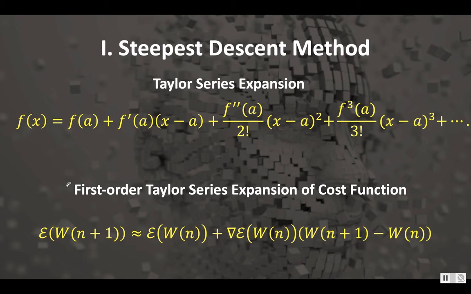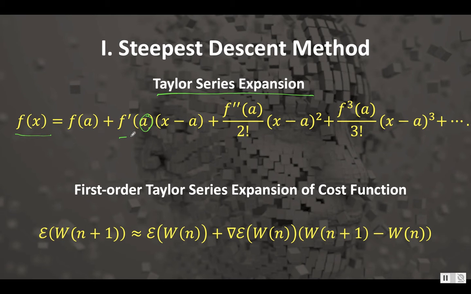The theory behind the steepest descent method is the Taylor series expansion. Here is the Taylor series expansion. In Taylor series, a function value at x equals the summation of infinite derivatives of f evaluated at point a.